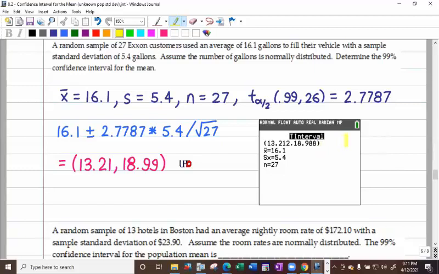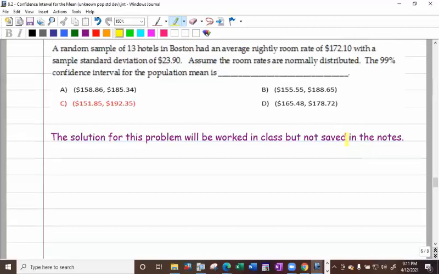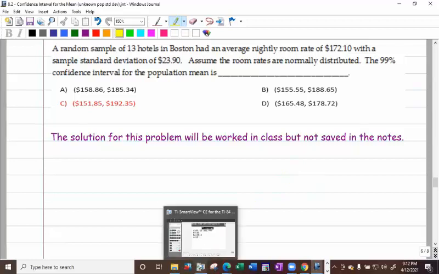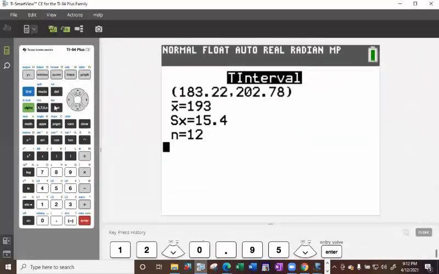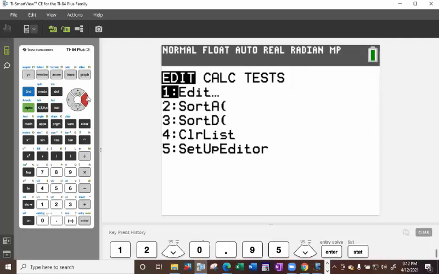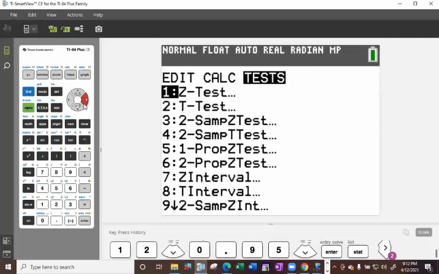But let's do this next one since I don't have the work. I always say show the work in class. I'm going to show this one though, only calculator. I could write it out per request, unless somebody wants to see it, I'll just put it in the calculator. All right, 13 hotels. Notice that when you're putting it in the calculator, you don't even have to think about the degrees of freedom.